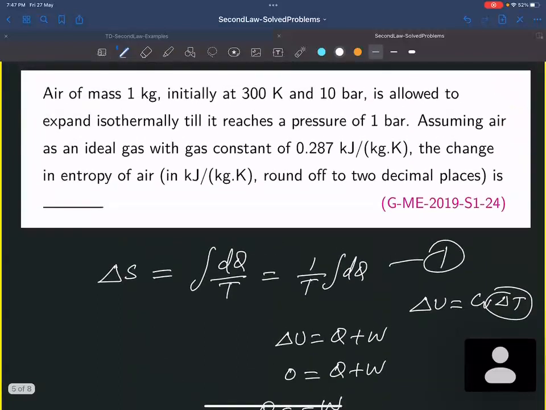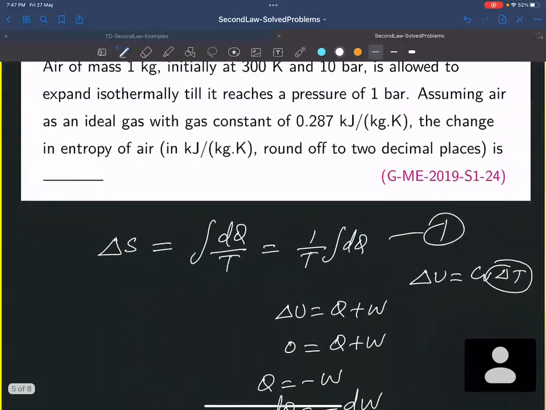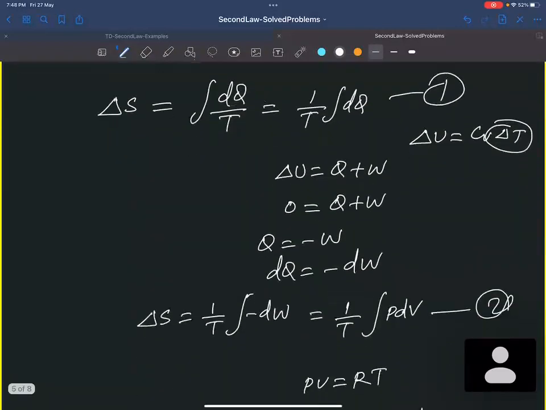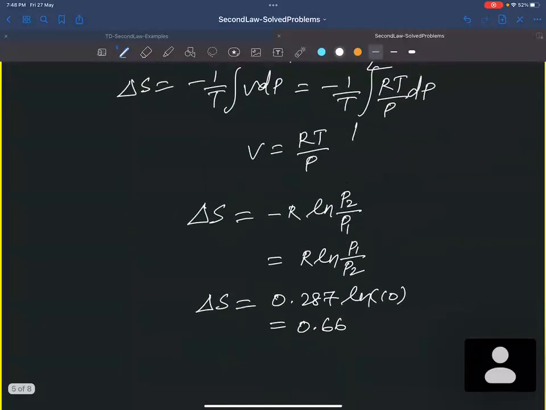And what is the unit of the answer? The answer is to be in kilojoule per kg Kelvin. Otherwise, you can also say kilojoule per Kelvin, because the mass is already 1 kg. Are you getting this value? Rohit, maybe, or any others? ln of 10.